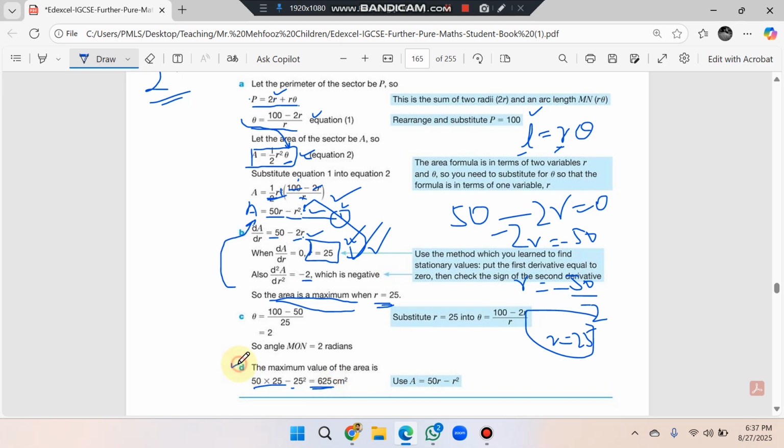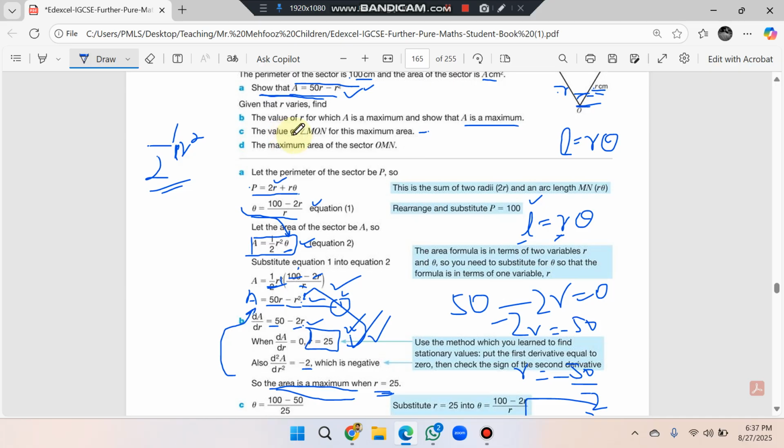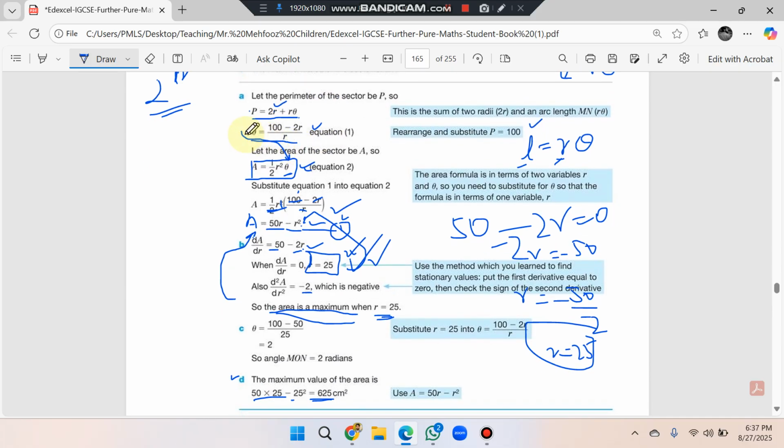This is your area. But in part C he is asking for the value of the angle. For finding the value of the angle, we use this equation. In this equation you can see that the radius is required for finding the angle. We have the radius, that is 25.